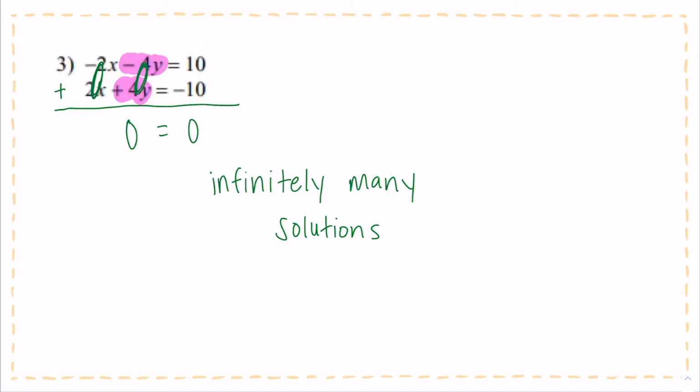Then you have infinitely many solutions, because that means our two lines have the same slope, same y-intercept. They're the same line. So they have infinitely many intersection points, therefore infinitely many solutions. Now, if you ever get to a false statement, then that would be no solution. But here, 0 equals 0 is true. Therefore, our solution set is infinitely many solutions.